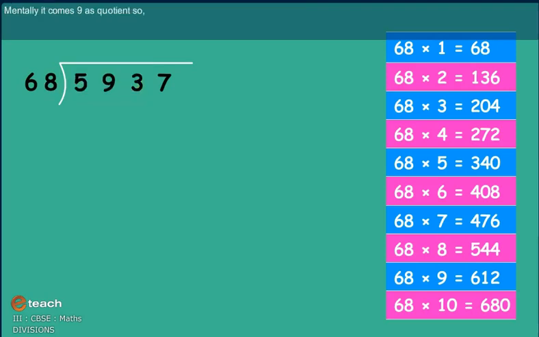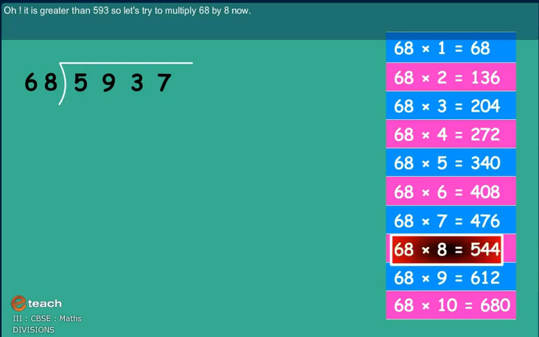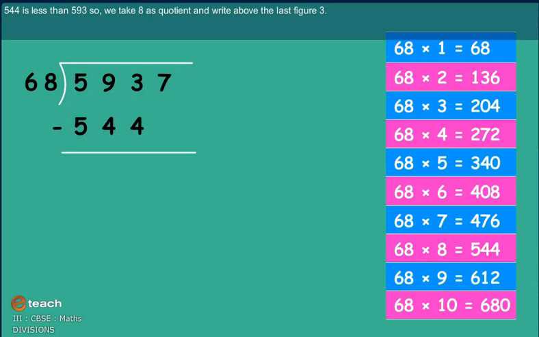Mentally it comes to 9 as quotient, so let's try to find the multiplication of 68 by 9. Oh, it is greater than 593. So let's try the multiplication of 68 by 8 now. 544 is less than 593. So we take 8 as quotient and write it above the last figure 3.